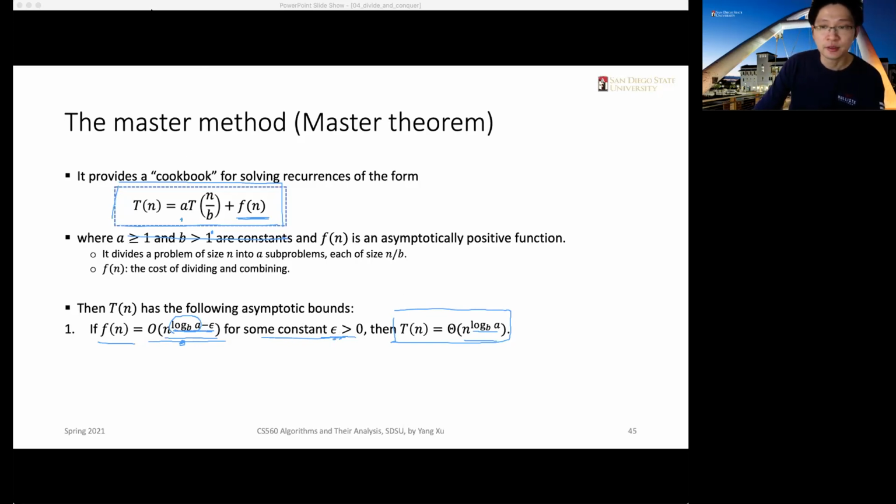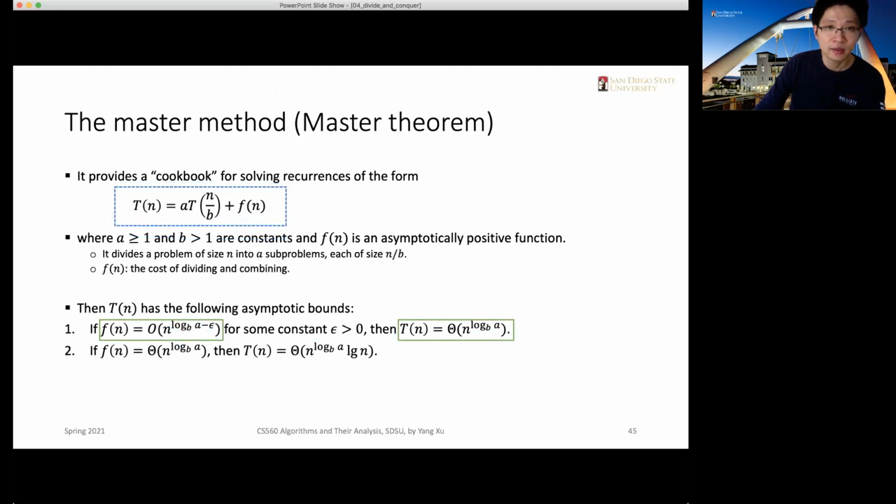that's the first condition. The second condition is a little bit tighter. It says if the function f of n has a tight bound, so it grows almost as fast as this polynomial function, then we can have our solution in this form: a polynomial term times a logarithm term.